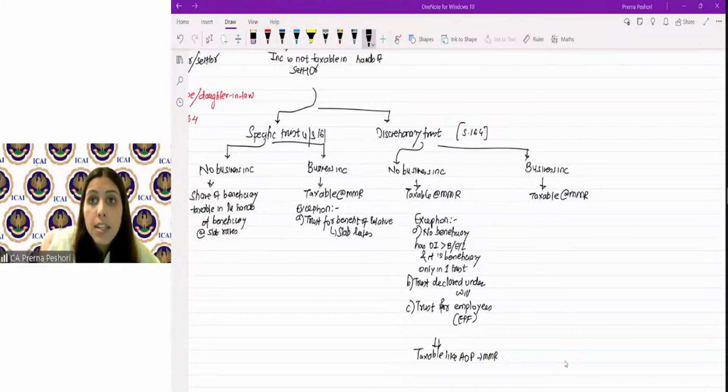But in case where there is a business income, in that particular case, again, you need to see what will be the maximum marginal rate. So in case the beneficiaries are unknown, the shares of the beneficiaries are not determinate, then in that particular case where there is, let's say, business income also, then it will be taxable at the MMR. Okay?